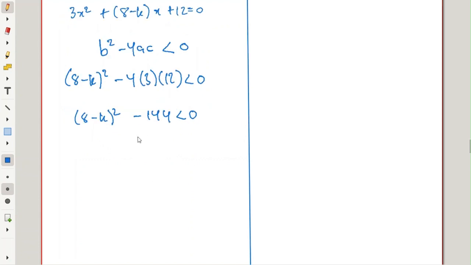Okay, so here I want to find my critical value. And if you find the critical value, you're allowed to use the equal to sign. And when you finish, you come back to the inequality.